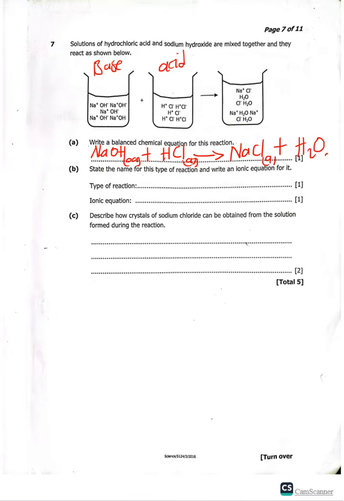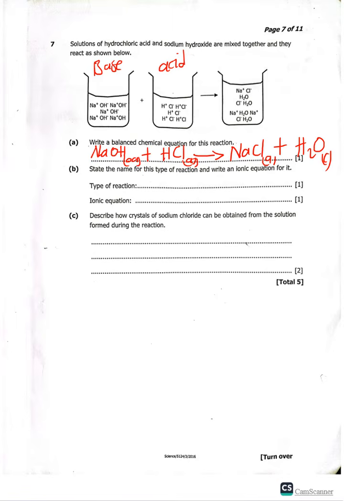A reaction like this one is balanced, since the reactants have the same valence number. They have 1. Sodium has a valence of 1, hydroxide has a valence of 1, hydrogen has a valence of 1, chlorine has a valence of 1.